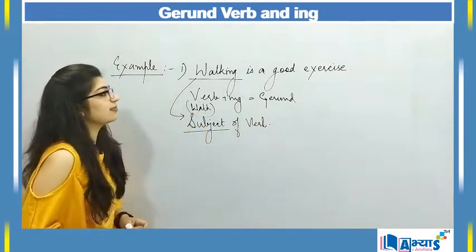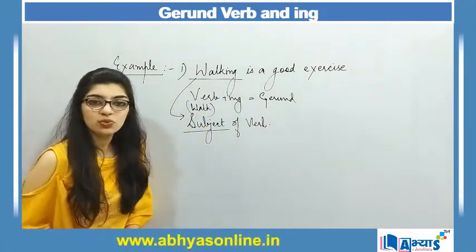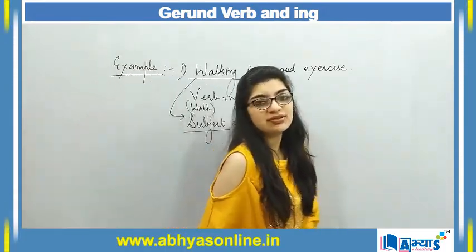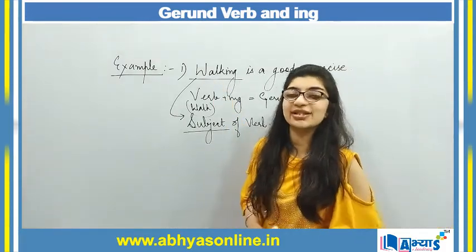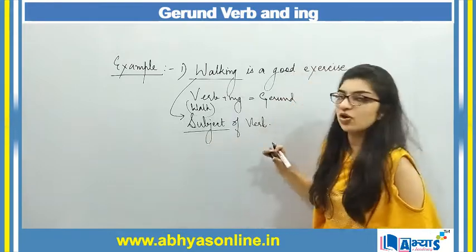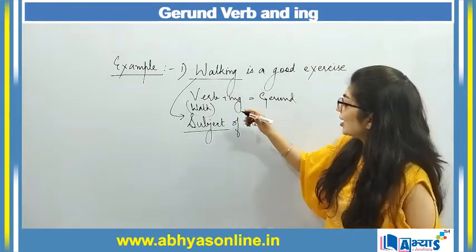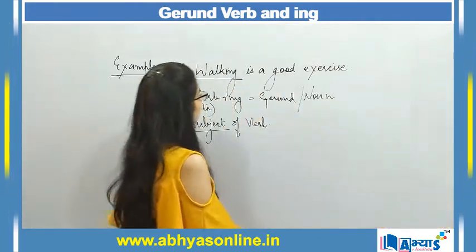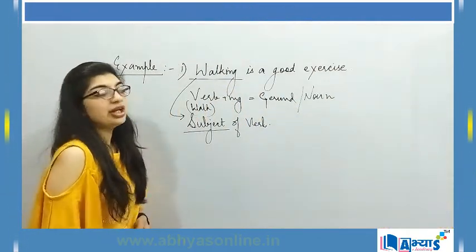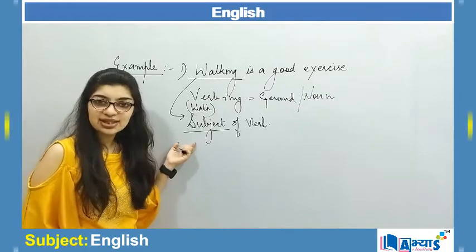Because walking is mentioned as the first word of the sentence and the first word is referred to as the subject. Here walking is acting as a noun as well as a gerund, right? So this was the first example, an example of the subject of the verb.